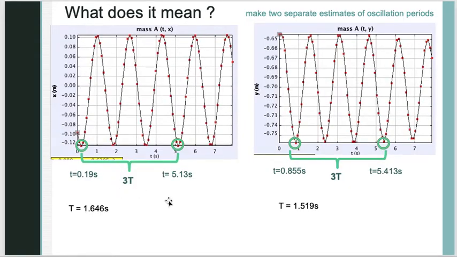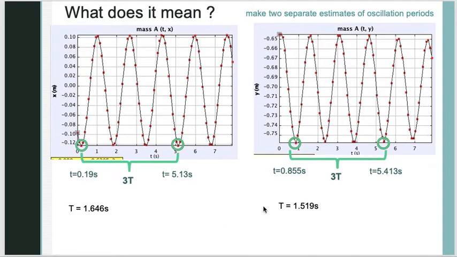Here's the second "What does it mean?" question. It is to make two separate estimates of the oscillation period. As I constructed my model, I estimated the oscillation period by the x component, which I calculated here as T equals 1.646 seconds. But I can also calculate it in the y component, which is T equal to 1.519 seconds.